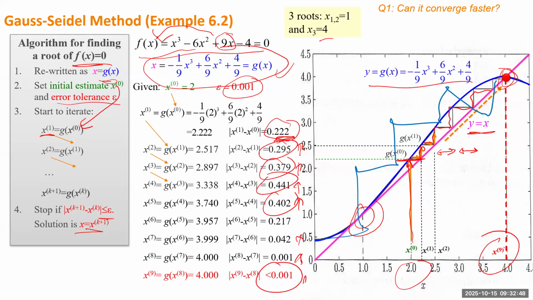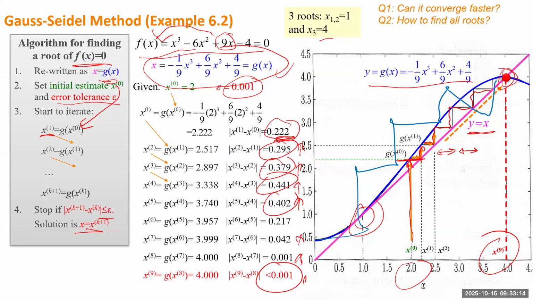So we can ask a number of questions. The first is, can we converge to the root faster? Because for this case, it takes 9 iterations to eventually decrease the difference to the error tolerance. What if we want to reduce the iterations? The second question is, how can we find all the roots?